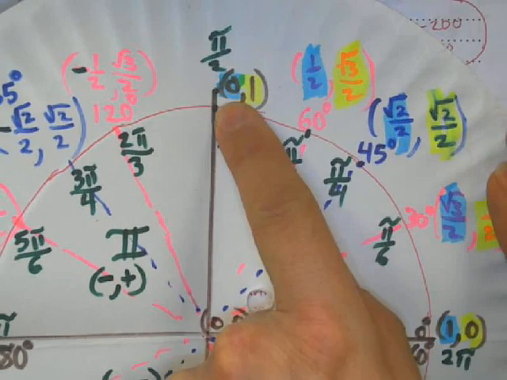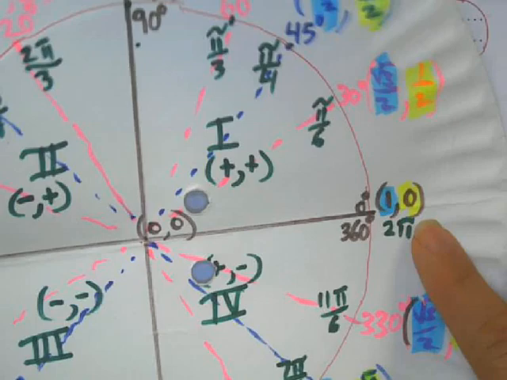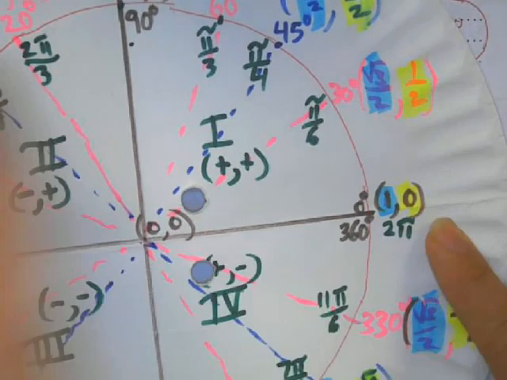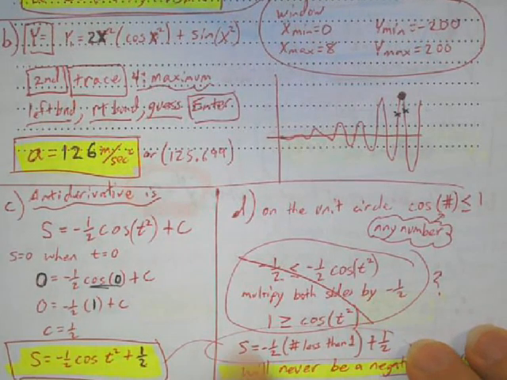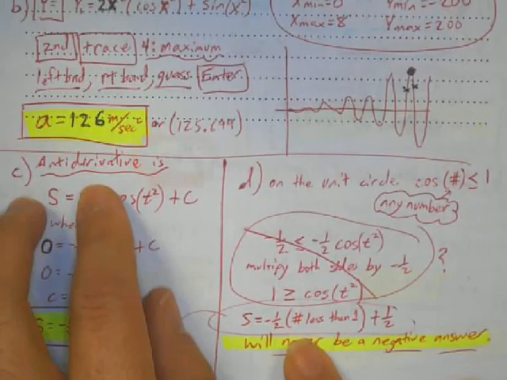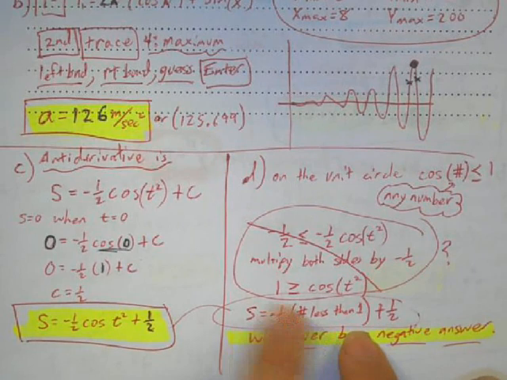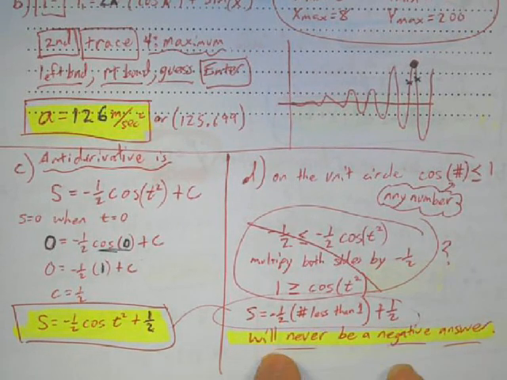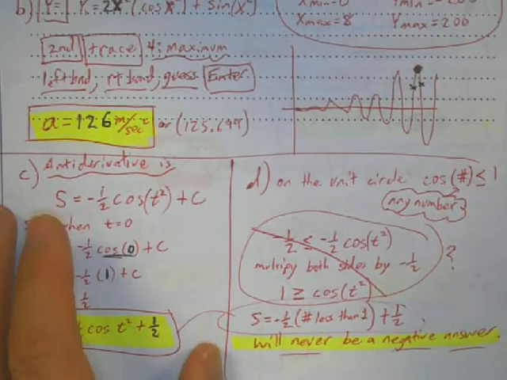And notice here it's at negative 1, here it's at 1, but it's never going to be greater than 1 or anything like that. So because it's always going to be less than or equal to 1, negative 1/2 times a number less than 1 plus a half is always going to be a positive number. Okay.